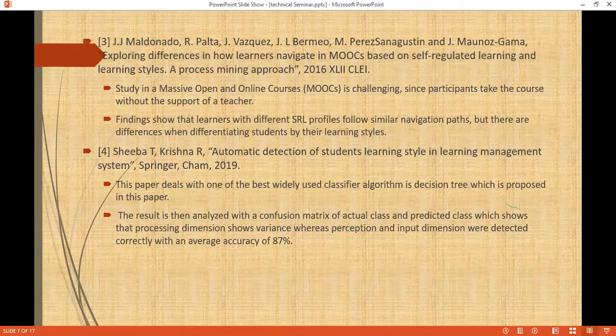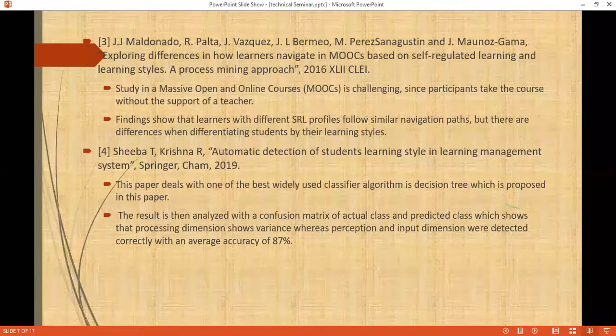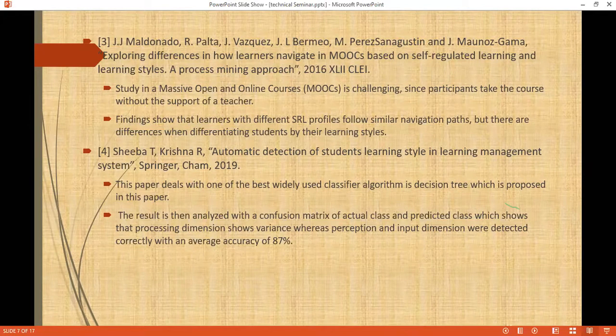No, sir. Continue. The first step was data pre-processing. They processed the data collected in the log files, and they used significant decision tree rules to classify whether a student is efficient in this particular learning style or another learning style.